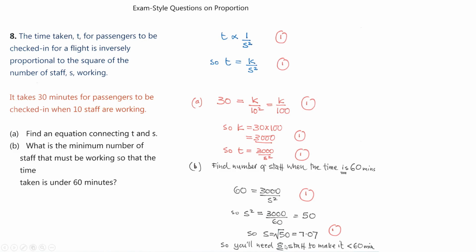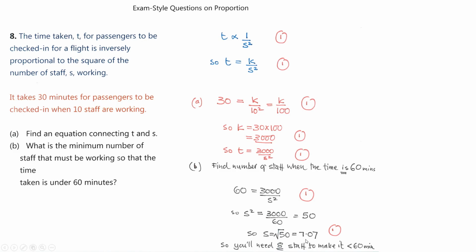You'll need to have 8 staff to make it less than 60, because this relationship means the more staff you have, the less time it takes. So if you want the time to be lower than 60, then you will need more staff than 7.07. So you don't round down to 7, because that will make the time more than 60. You want the time less than 60, so you need more staff, so it will be 8.